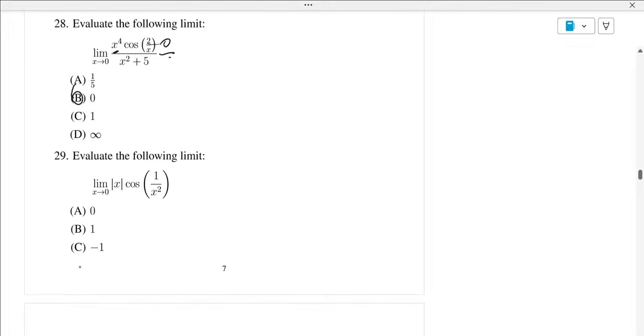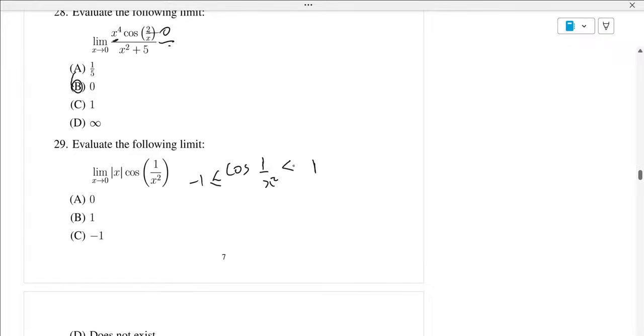29. Evaluate the limits. We know that still this one we are going to apply the sandwich theorem. We know that cos 1 over x squared will lie between negative 1 and 1.